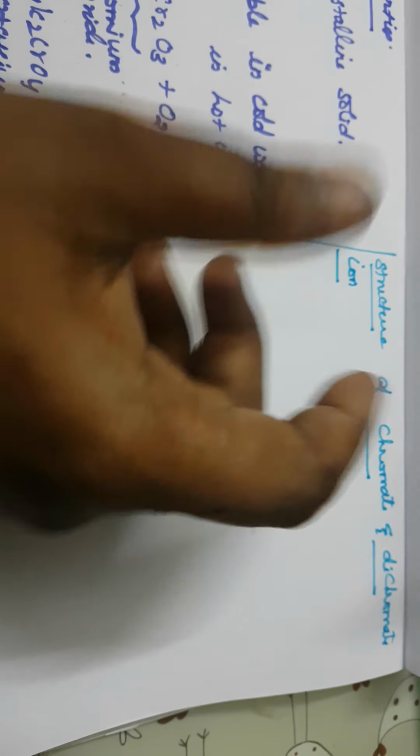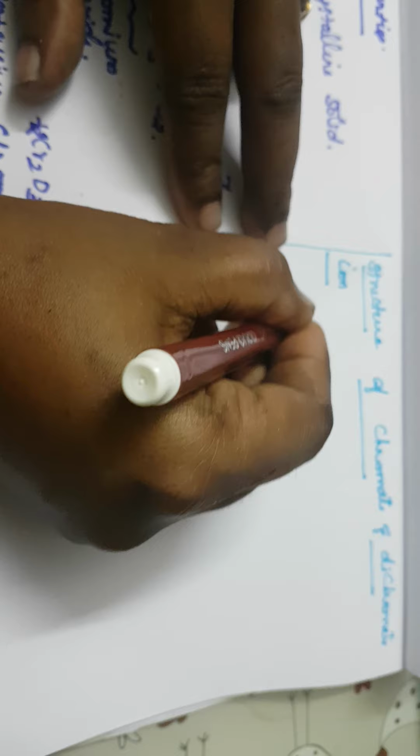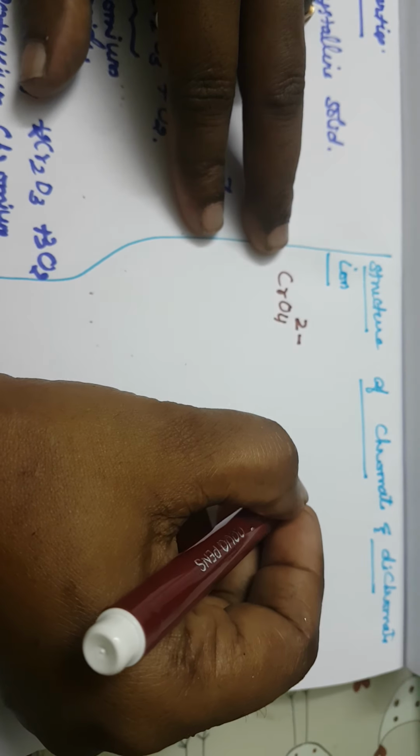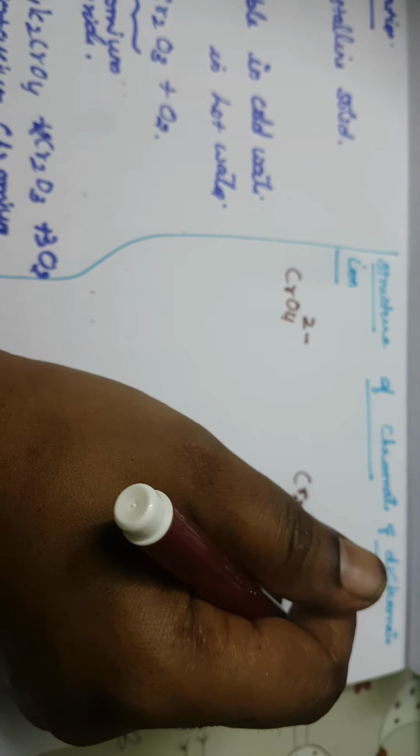What is the formula? Chromate ion is CrO4 2 minus. Dichromate ion is Cr2O7 2 minus.